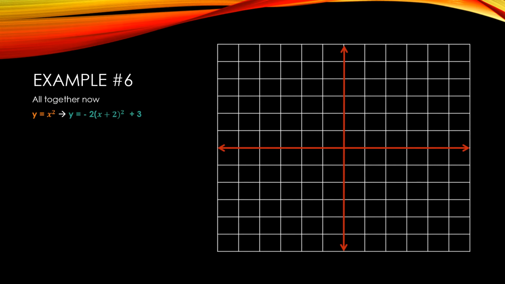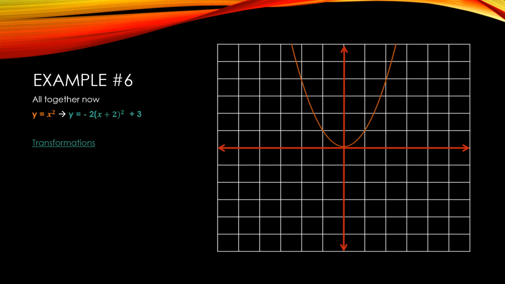You always start by sketching your parent graph and then put together a list of all the transformations, reading the equation from left to right. So just reading it, y equals negative. Negative indicates a reflection about the x-axis, but I find that to be the easiest transformation. I just do that one last.